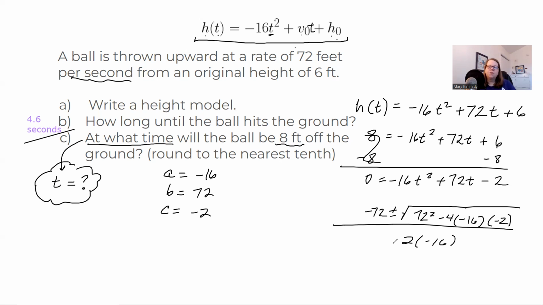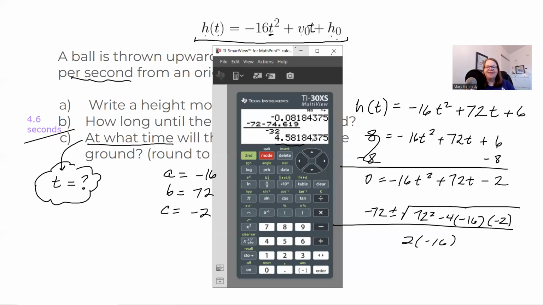I want to figure out what's underneath the radical first. So I'm going to try to bring the calculator over here, and put it where you can see it plainly.